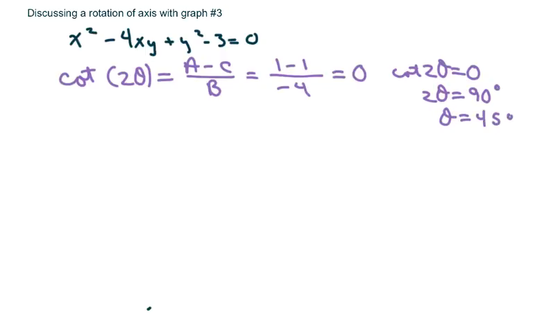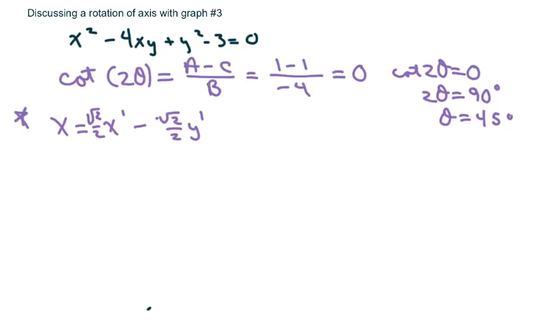And then we use our rotation formulas. We have x equals x prime times cosine of 45, which is square root of 2 over 2, minus sine of 45, which is square root of 2 over 2, y prime. Like I said, this part we already discussed in a previous video.